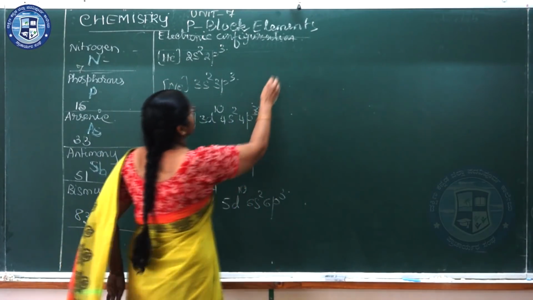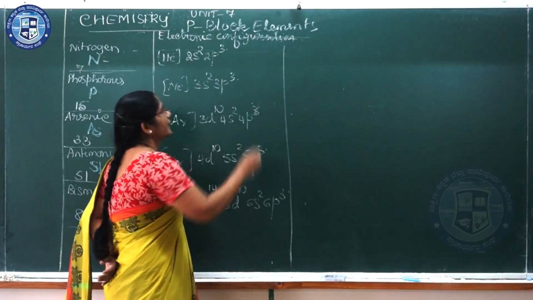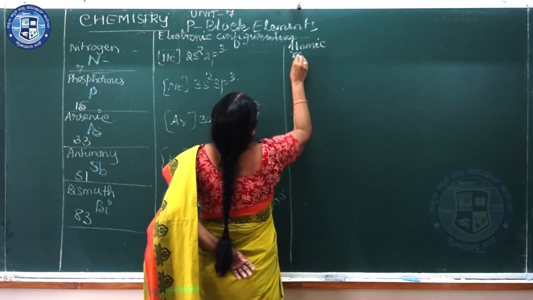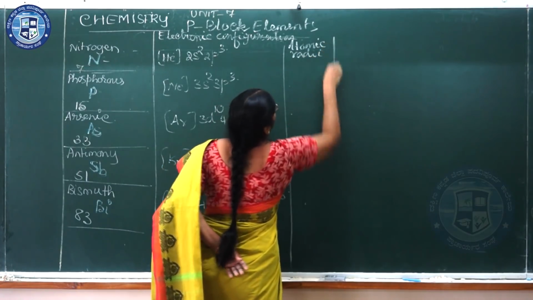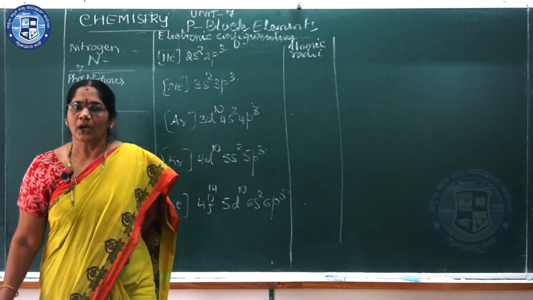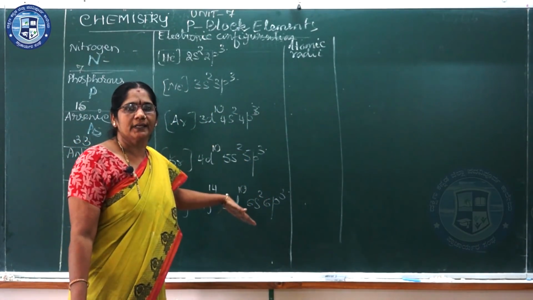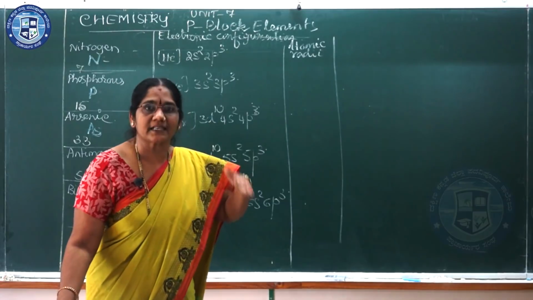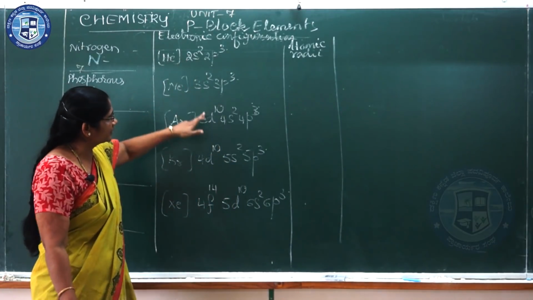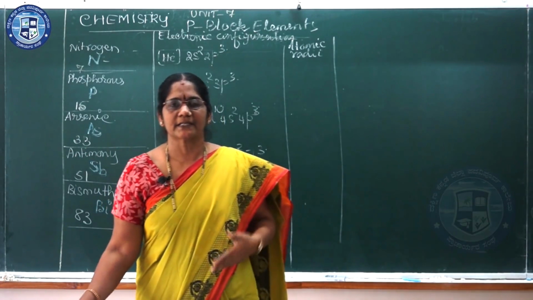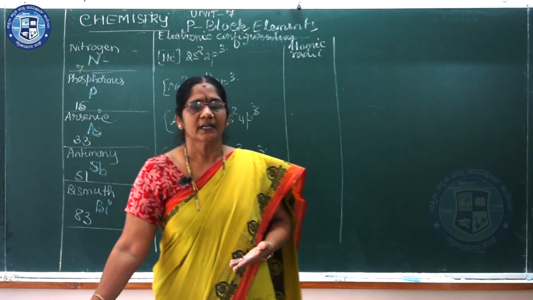Next, we will see what happens to the atomic radius. So you already know, when we move down in a group, with the addition of extra shells from 2 to 3, 3 to 4, 5, 6, the principal quantum number is successively increasing by 1 unit.